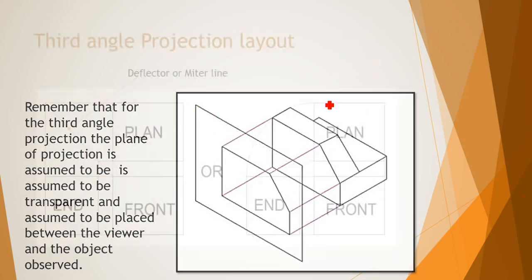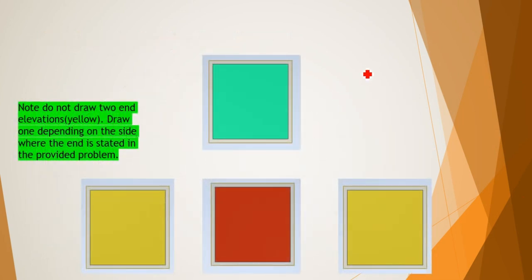Coming back to our example, the plan will be up there, the front will be here, and the end will be to the left of this. This is the required one, so we will not be needing this one for the sake of the example I have just demonstrated.